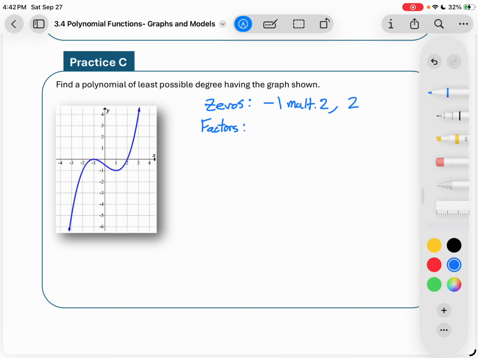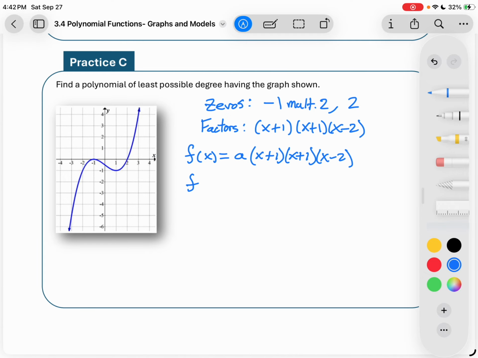Let's go ahead and change those into factors. So we'll have x plus 1 and x plus 1 and x minus 2. So same idea as the last one. We've got f of x is equal to, we don't know what the stretch is, so let's keep it as a. And then x plus 1 times x plus 1 times x minus 2.